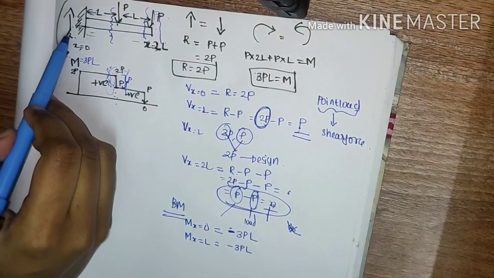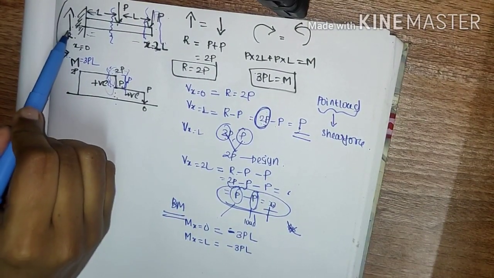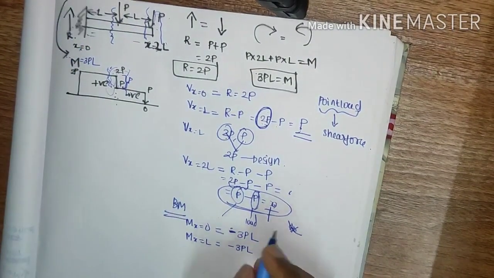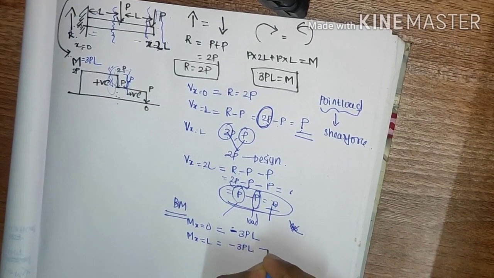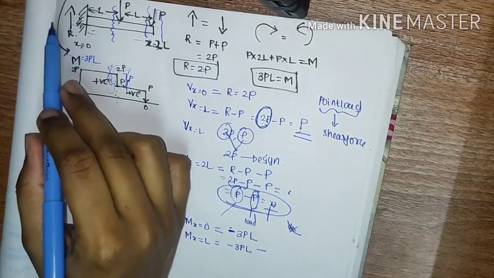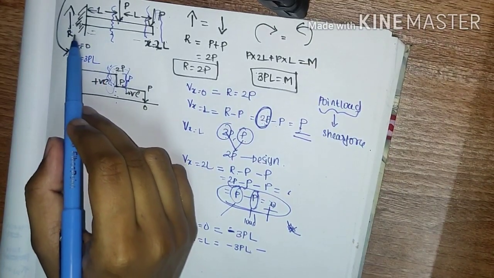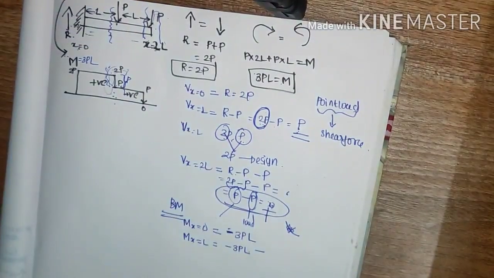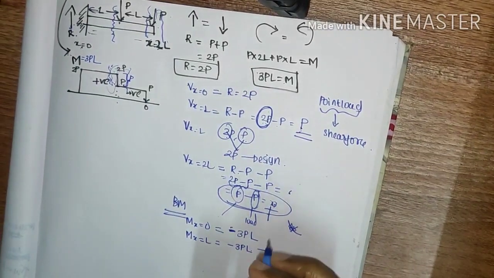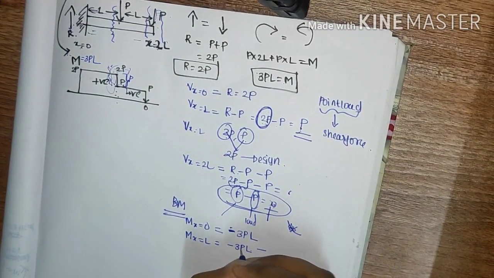Next, this reaction also will create a bending moment. So minus 3PL minus, this particular reaction into that length. So it will be minus 3PL.